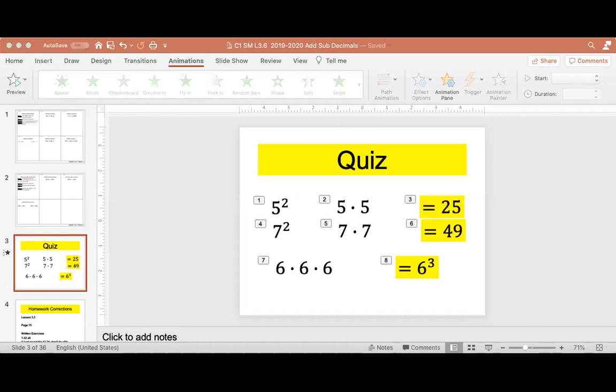Yes. Let's hold off until the end of the quiz. Yes. Let's just hold off lockers for a while. Quiet. 10 minutes.